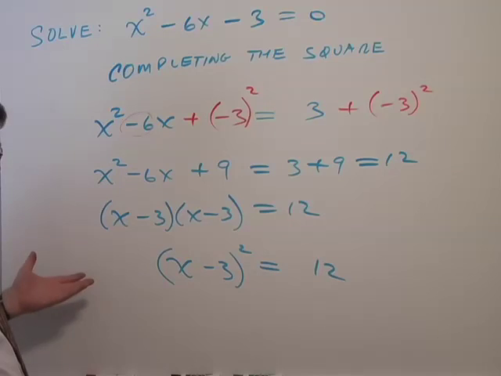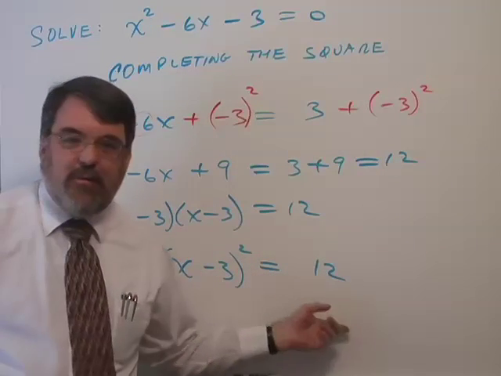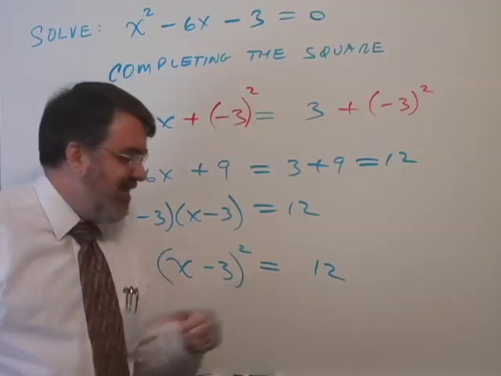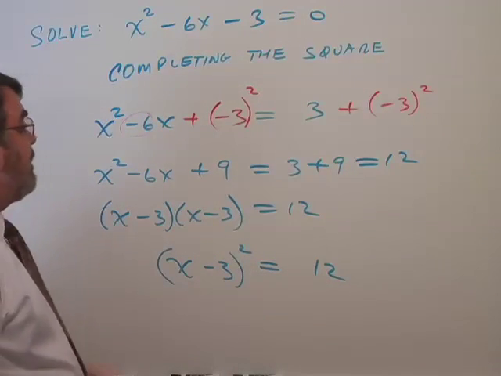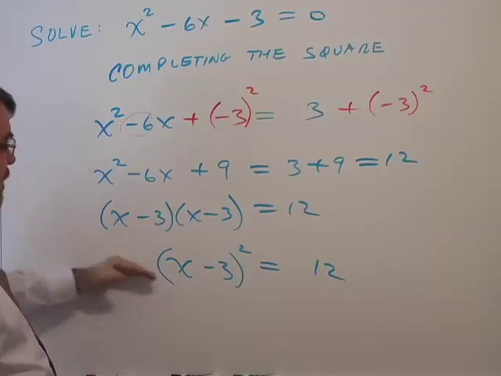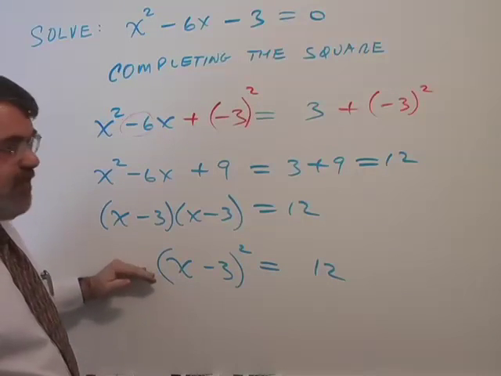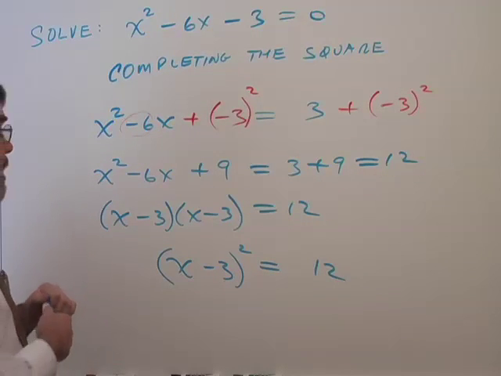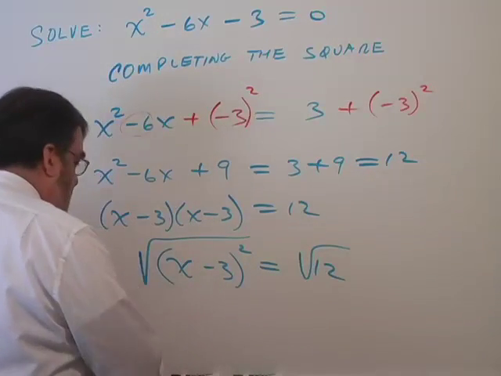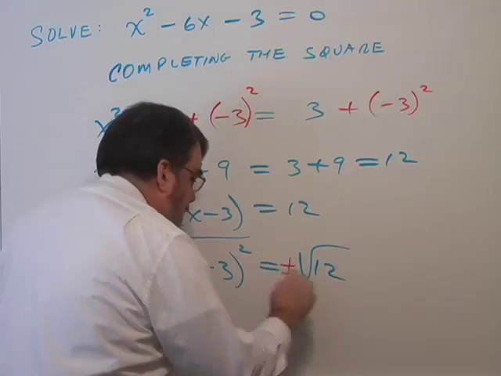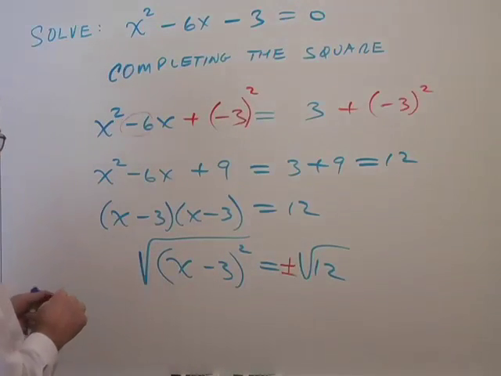And what good is it? Well, now I can use the square root method that we just discussed because I have a variable term squared equal to a number. So this whole technique revolves around forcing this situation where we can now take the square root of both sides, and don't forget the plus or minus symbol there.